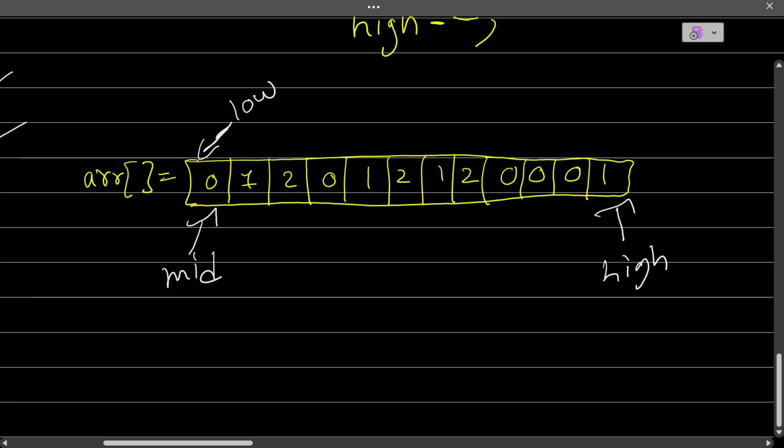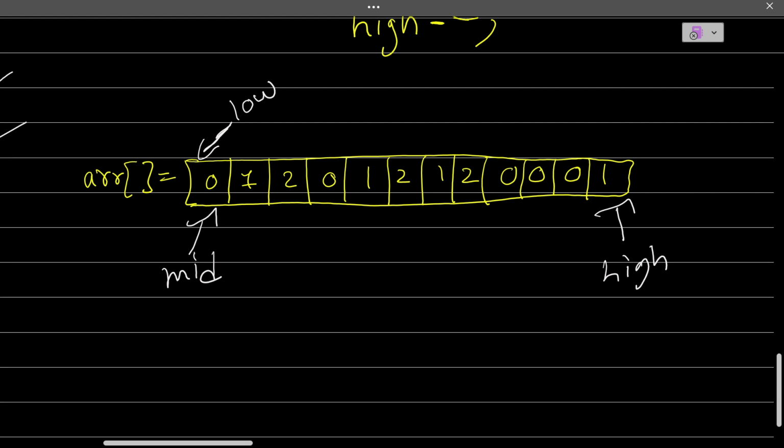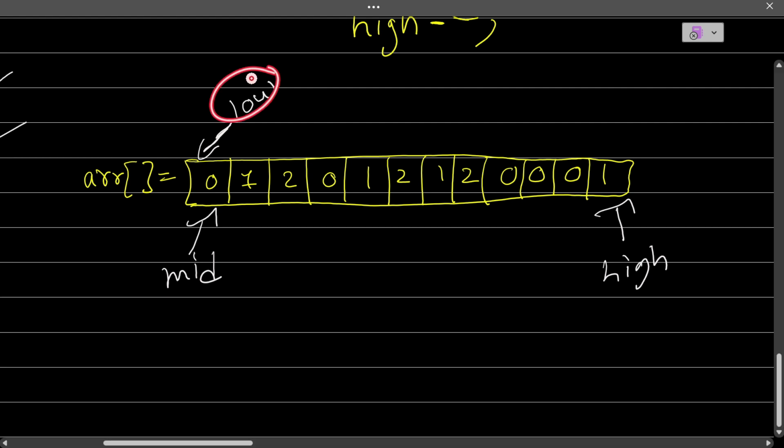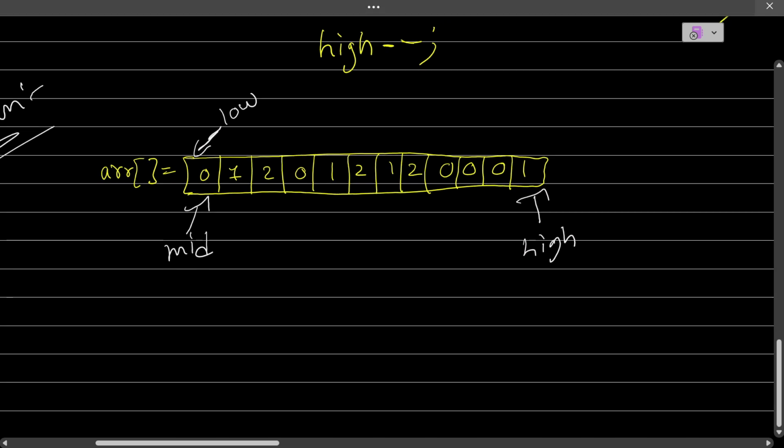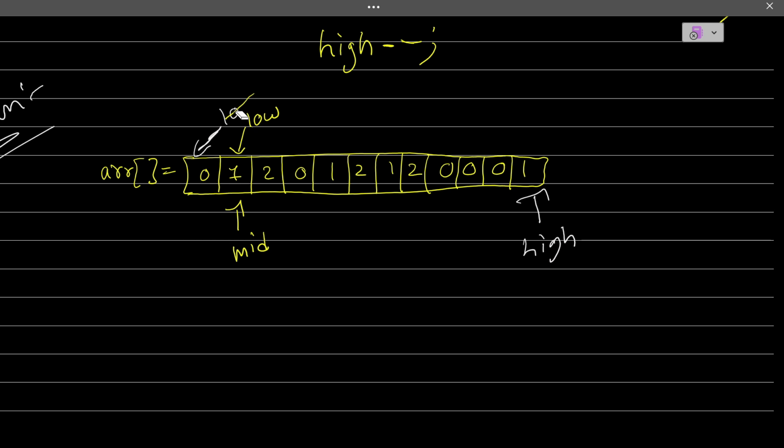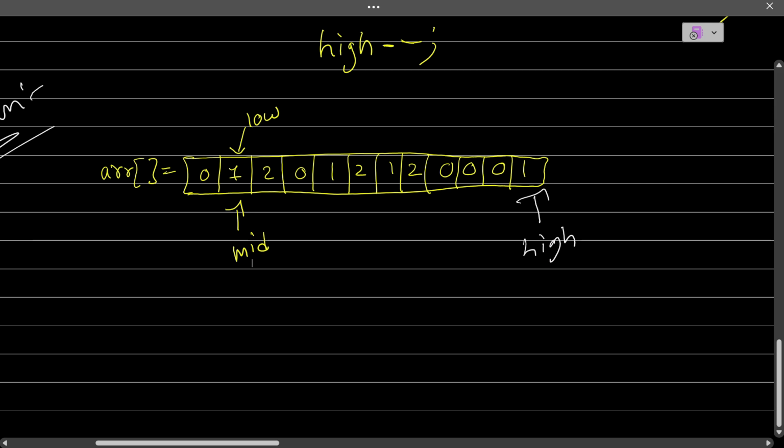If I do the swap, my mid is 0 and my low is 0, so it will surely be 0, because these two are pointing at the same index. Once I've swapped, I move: the low pointer is pointing here and mid is pointing here. I'll quickly erase this for better understanding. This is done. The 0 is sorted.